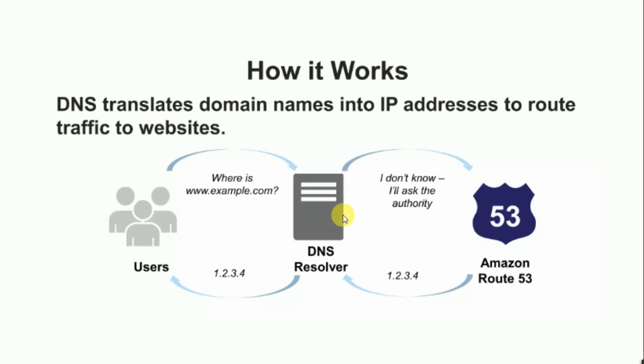Many DNS authority providers like GoDaddy, Hostinger, or any other have the authoritative record of this particular example.com, which you can consider your domain. Then Route 53 or any other DNS authority resolves the IP address of that particular resource, it returns it to the DNS resolver, and then it responds to the user. So DNS translates a domain name into an IP address to route traffic to the website.